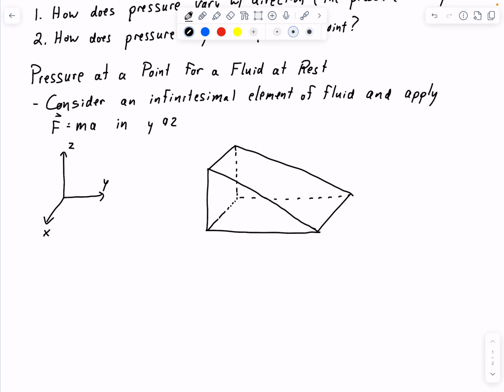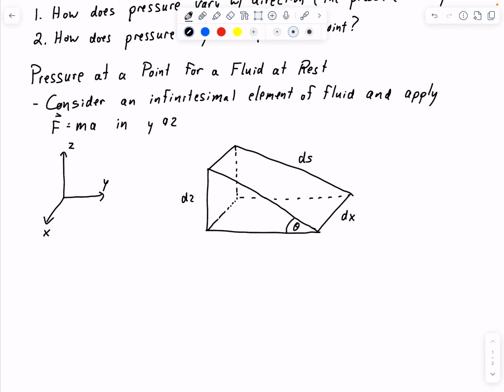This wedge is at an angle of theta. This edge has dimensions of dx in this direction, ds in this direction, and dz in the vertical direction.